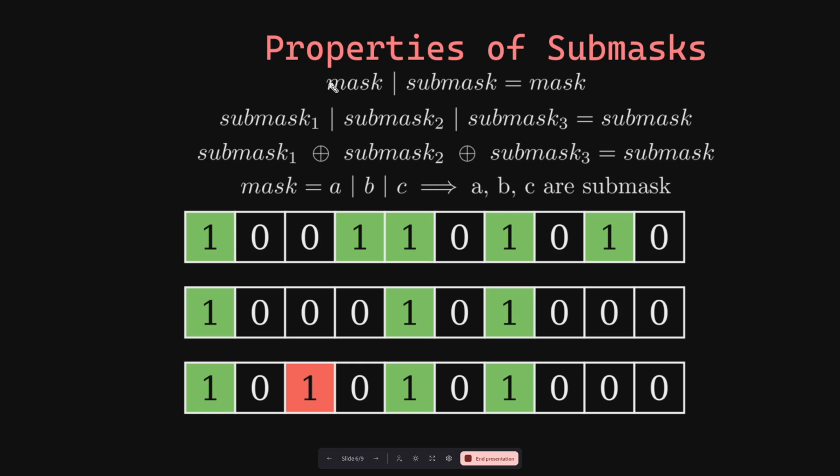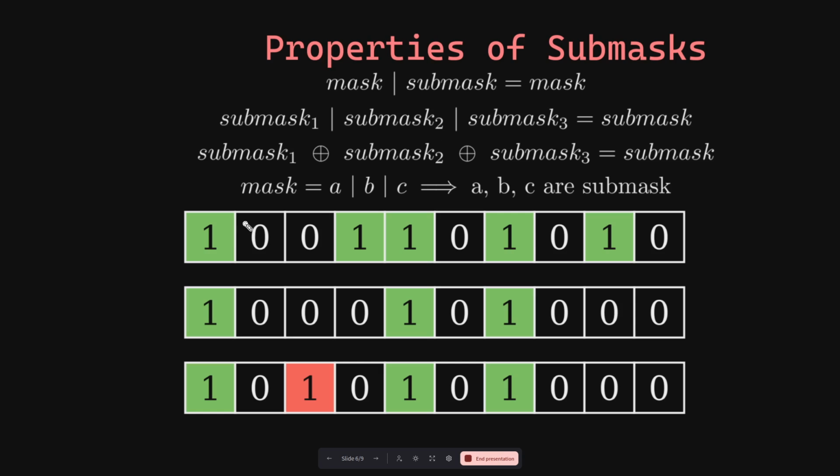So if you look at this property 1 over here, it says that if you take the bitwise OR of mask and submask, you will get back the original mask. Why is this true? Because if the original mask contained a green element, then on the right hand side you will still have a green element, right? Because you are taking a bitwise OR, so one will be preserved.